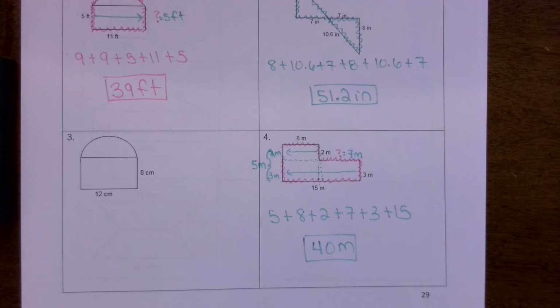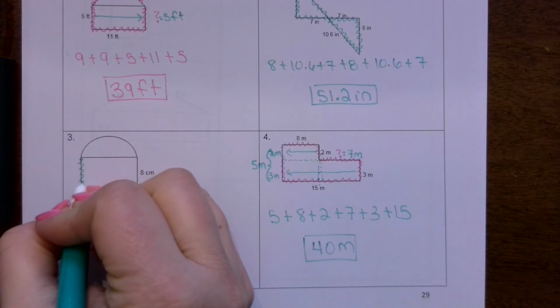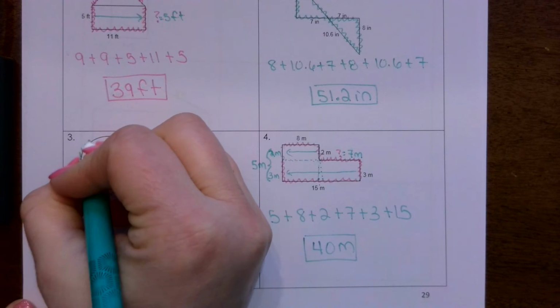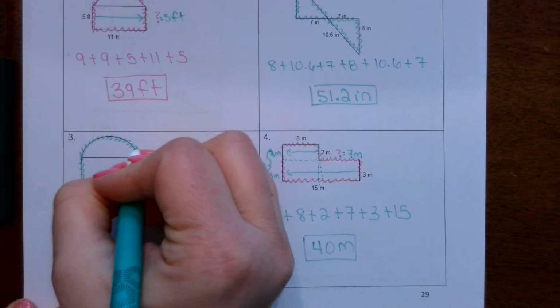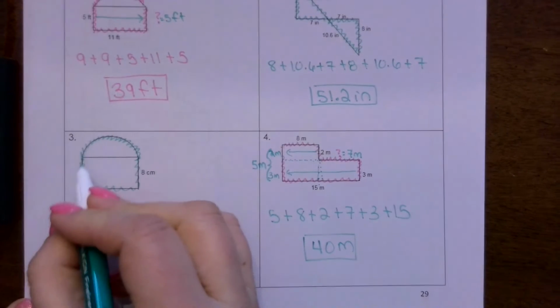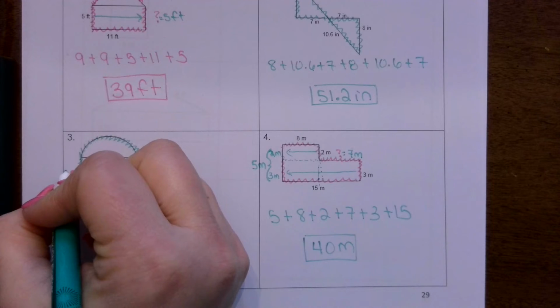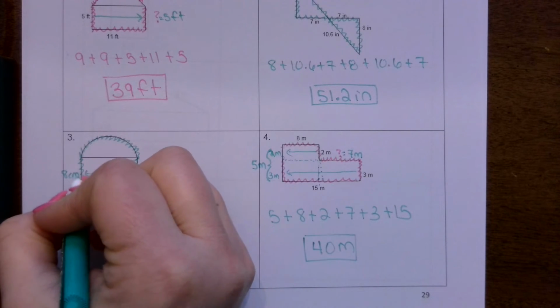Alrighty, last one. So first I need to think about what I see. Let's highlight my perimeter. Well, I'm missing this side of my rectangle. Since that is 8 centimeters, this also must be 8 centimeters.